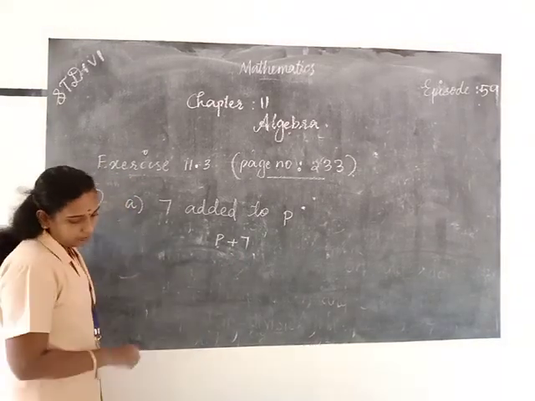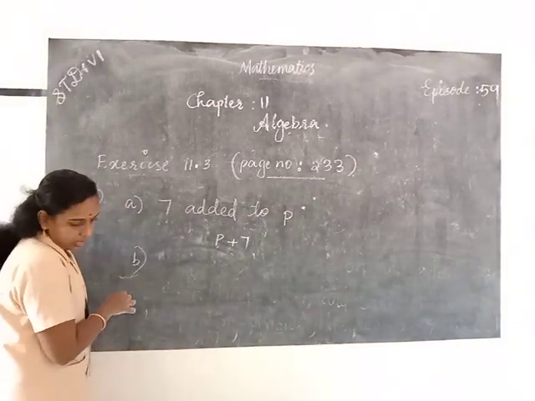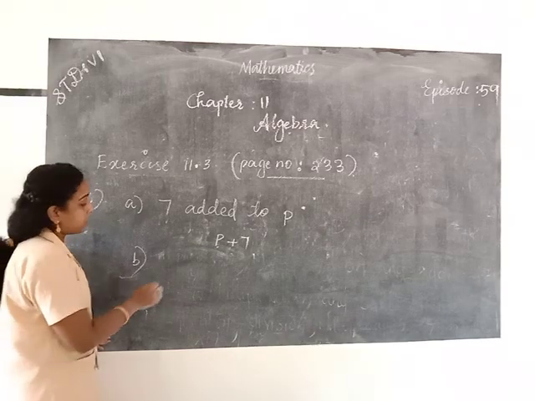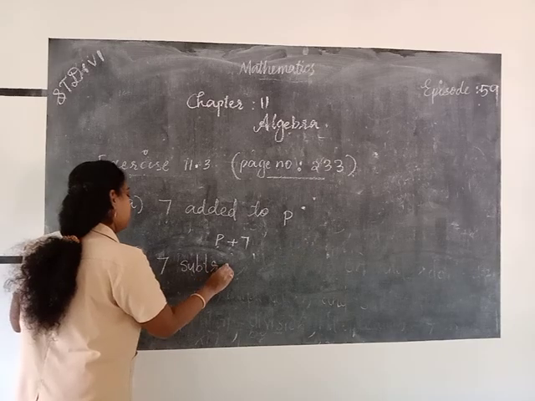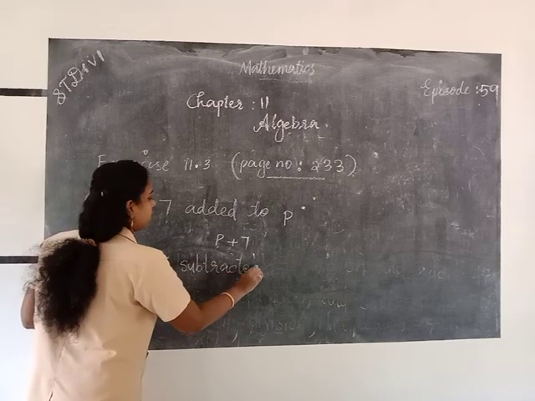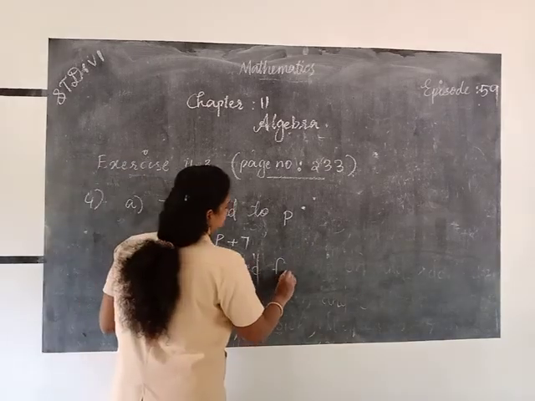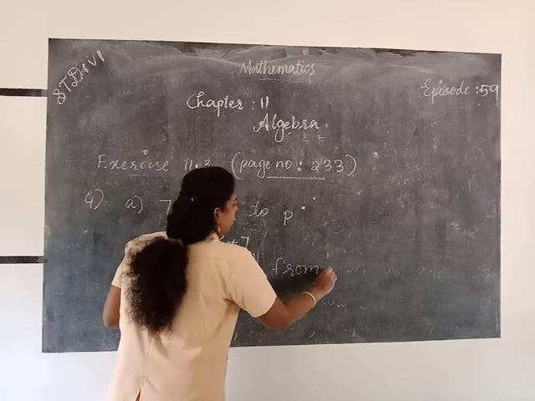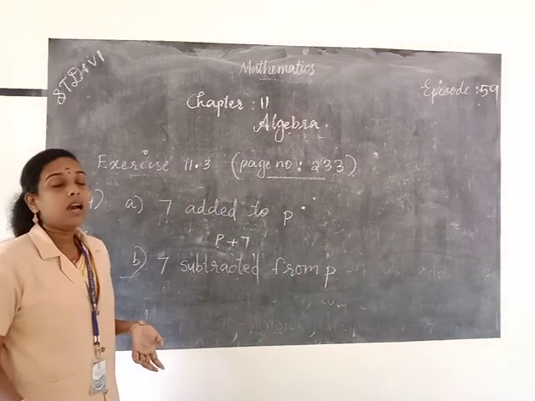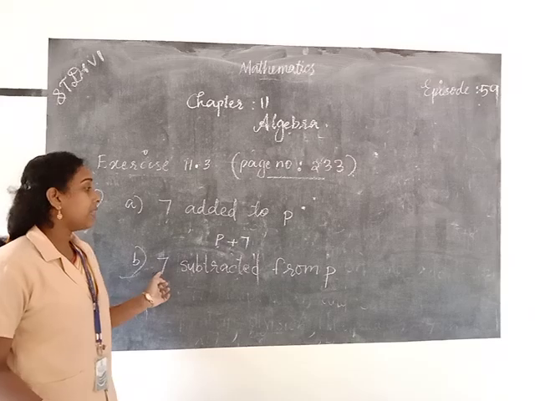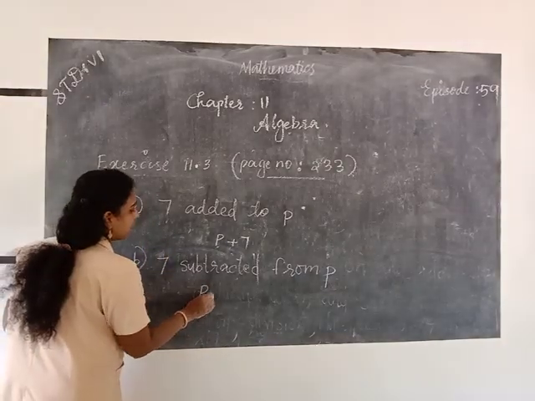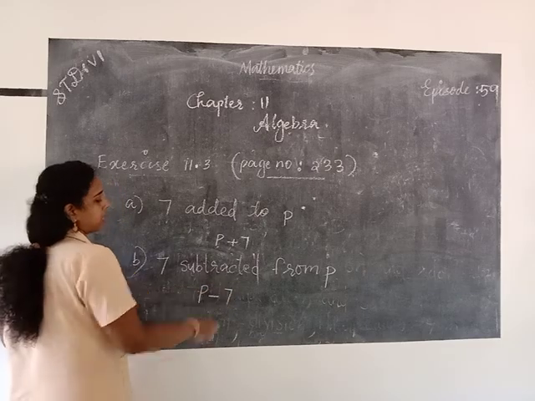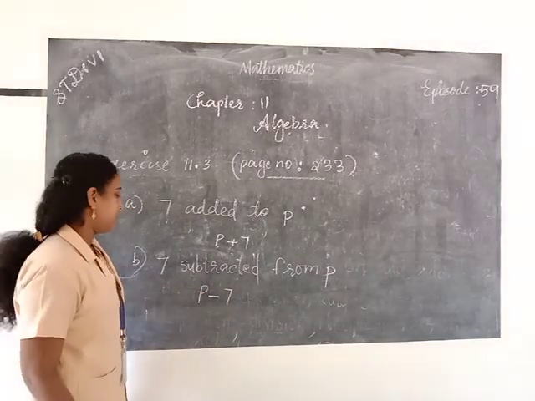Then the next one, 7 subtracted from P. Here the operation is subtraction and 7 is subtracted from P. So you write P, then subtract 7 from P, that is P minus 7.